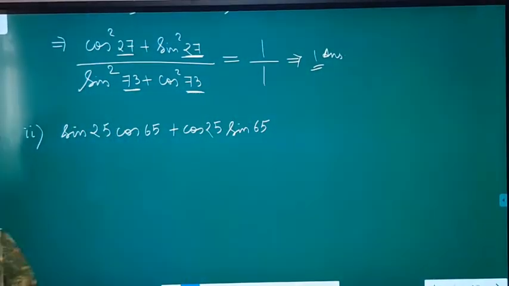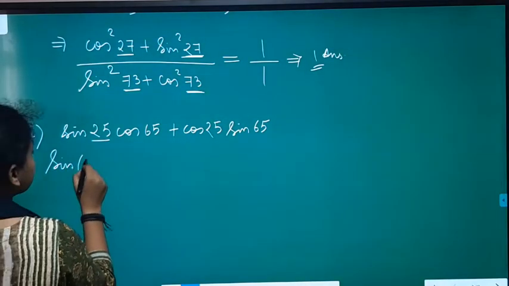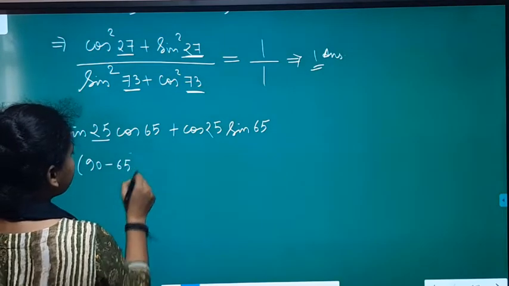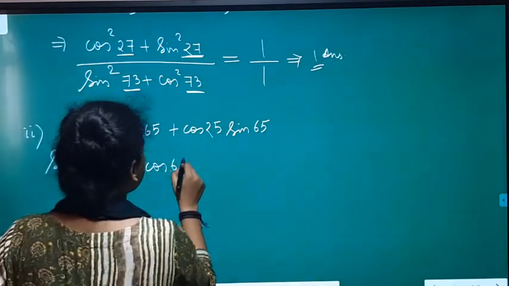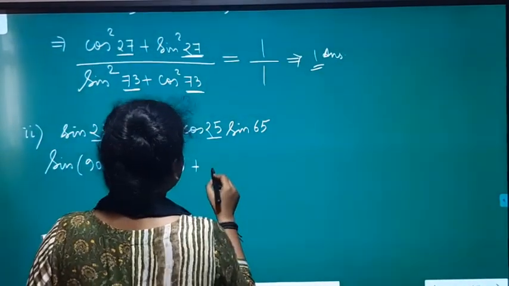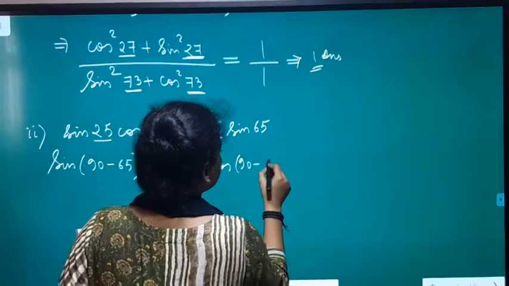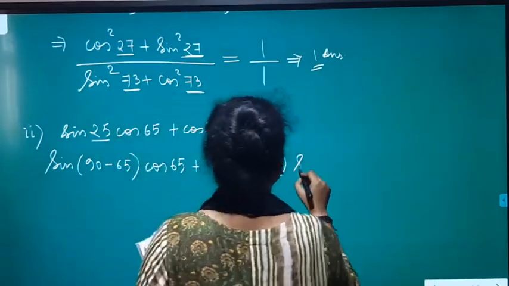Sin 25 into cos 65 plus cos 25 into sin 65. Again, 25 can be written as 90 minus 65. We are keeping cos 65 as it is, and here 25 again we can write as 90 minus 65.